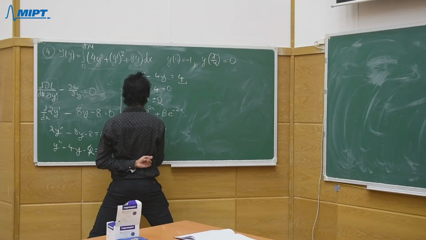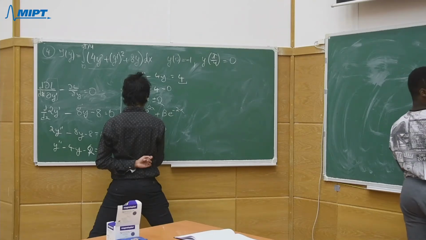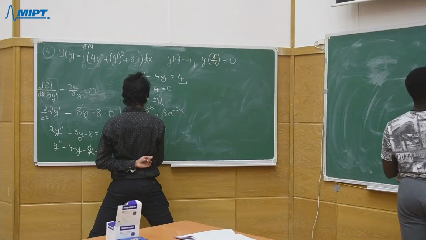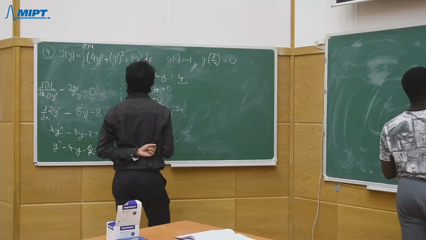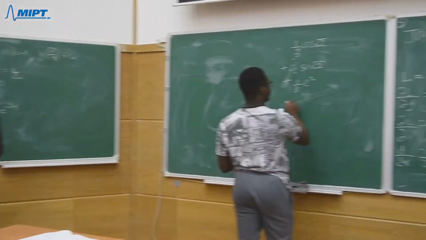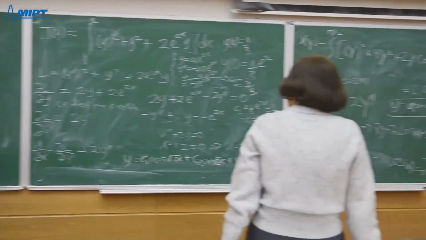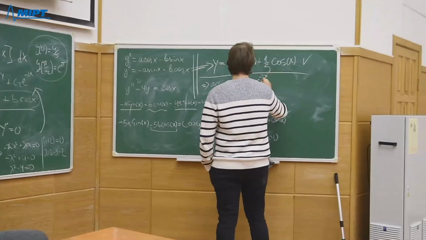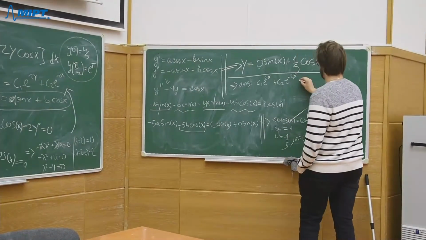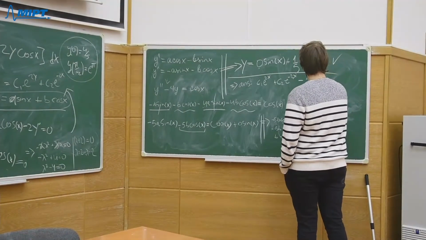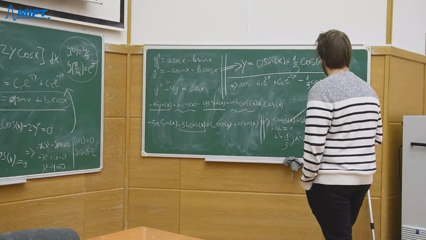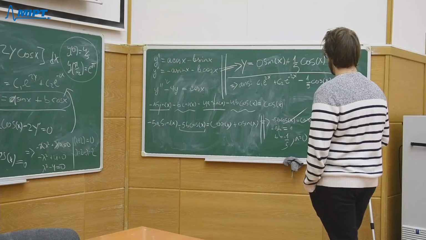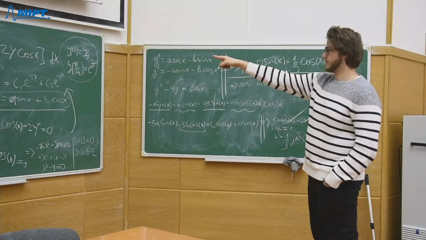Yes. y must be minus 1/5 cos x. And next, your goal is to find C1 and C2. How to find them? Well, we can start doing this.